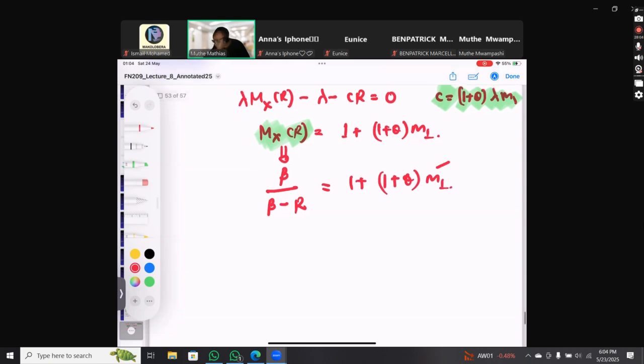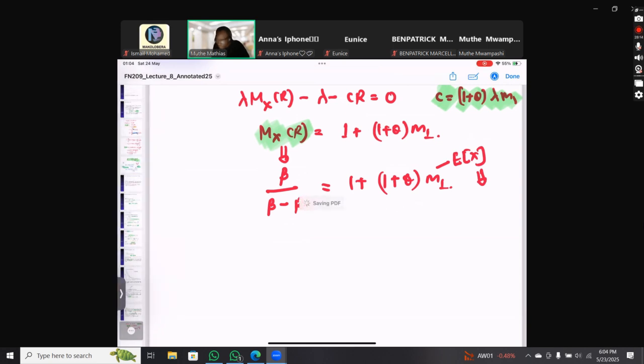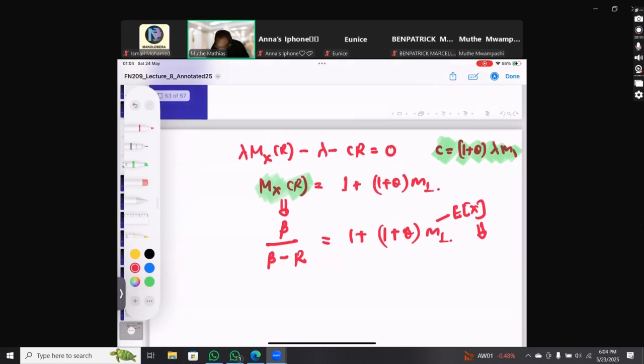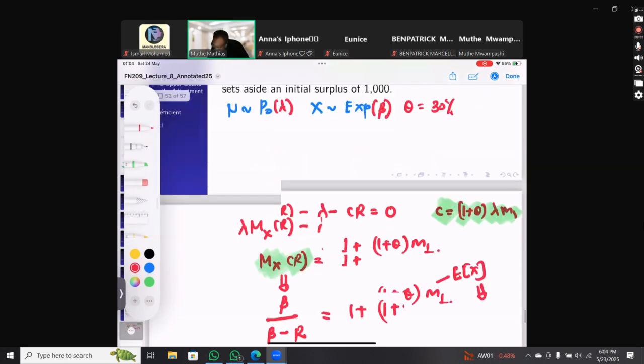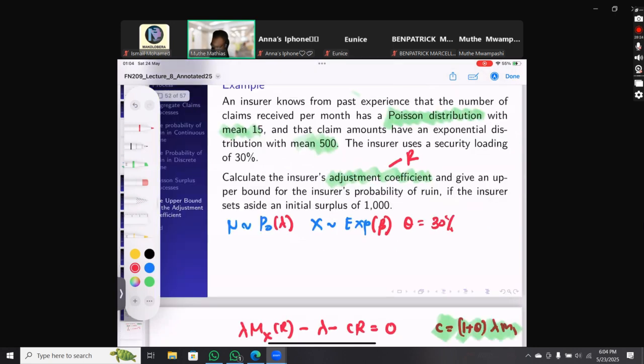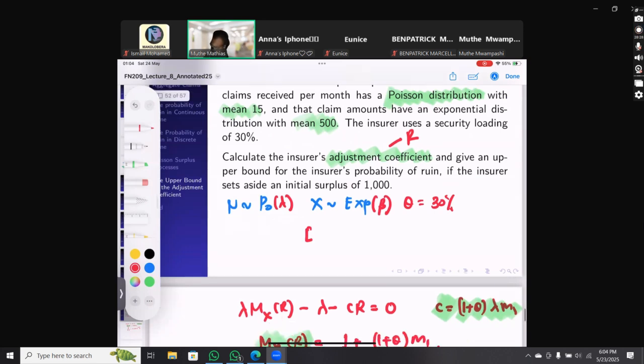So here you can see, what is M1? M1 is simply the first moment, so it's the expected value of X. So you know the mean of X, right? So what is the mean? The mean is already given. So it's very simple because now we simply need to substitute what is beta. Of course, you can see here that we are given this is an exponential distribution, and the mean of X in this part here is given as 500.